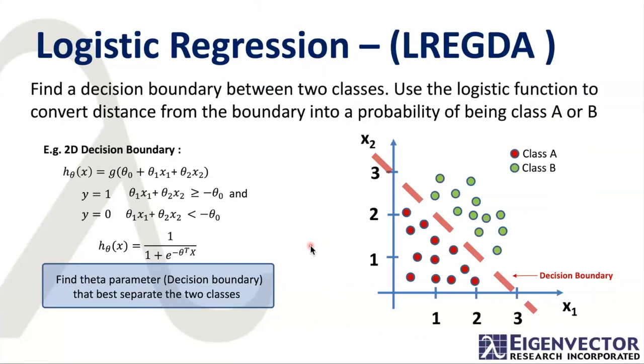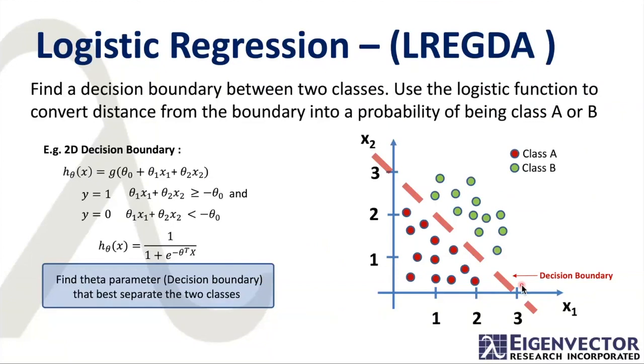Again, the idea is to find a separating boundary between, in this case, two classes that best separates. Anything on one side is class A or class B. But the thing about logistic regression is that we associate a probability with the distance from the boundary.